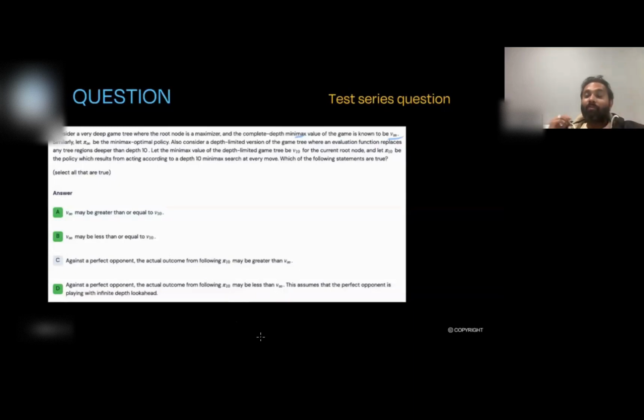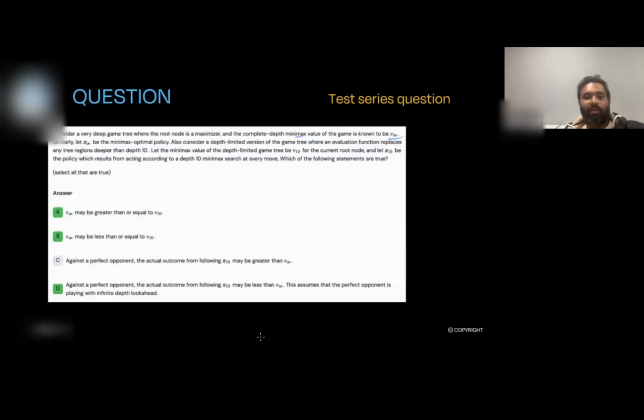V alpha is the best possible value you can get against the perfect opponent. V alpha is the minimax value of the entire tree without any depth limited search. So if the opponent itself is perfect, you can't get more than that. That's how the minimax search algorithm is defined. Now D is saying that against the perfect opponent, the actual outcome of following pi 10 may be less than V alpha.